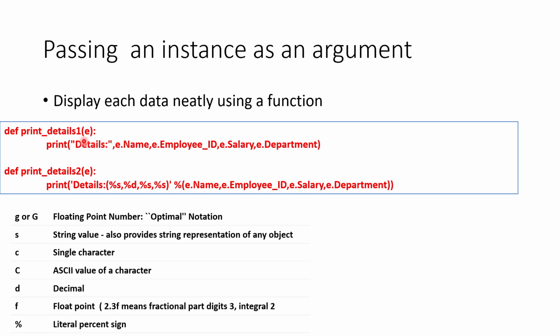I'm writing here my own way, my own function. This is another way of writing the function. The percentage things are shown here: percent d, percent s, percent c, f, all these to display this information for that particular data type. You need not use int or str in this print statement.